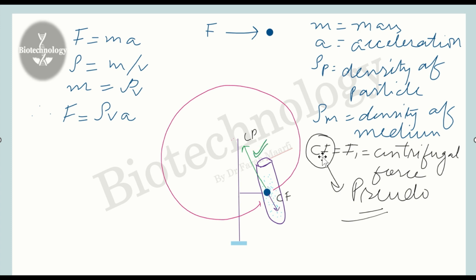This force does not naturally exist, but is only experienced by the particle, and the value of the force experienced by any particle is rho VA. So in this situation, we consider this F1 as F, or the centrifugal force. F1, F and the centrifugal force are all the same and will be equal to rho VA.